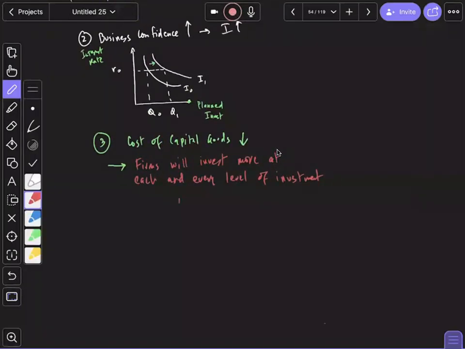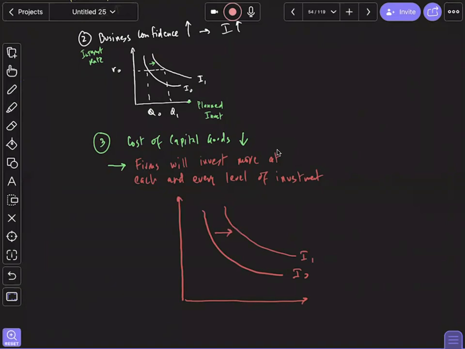So guys, something like this will happen. Again, the shift will take place. Got it? So that's number 3.